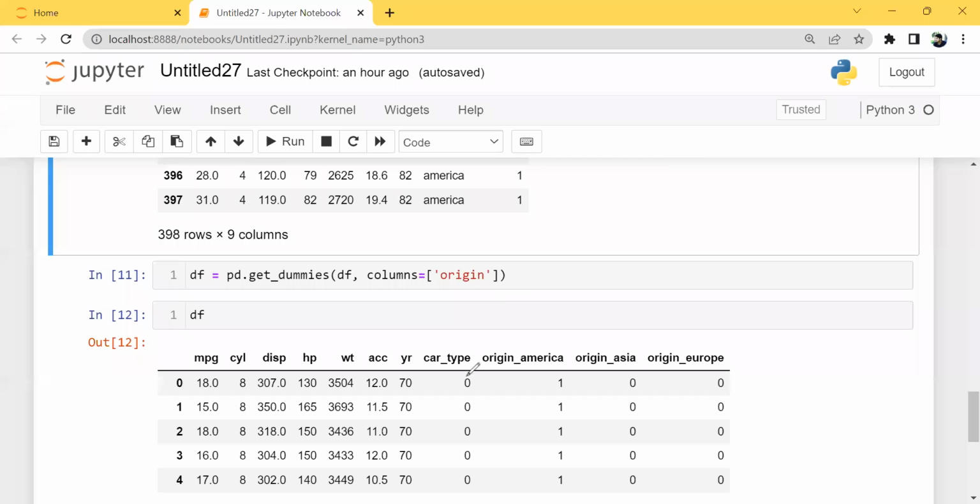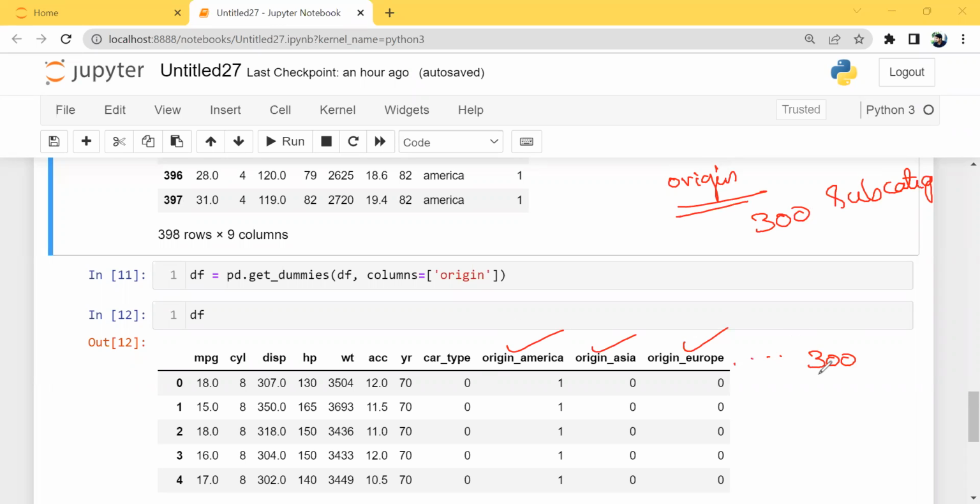For example, if the origin column has 300 subcategories, you will end up creating 300 columns: origin America, origin Asia, origin Europe, and so on.